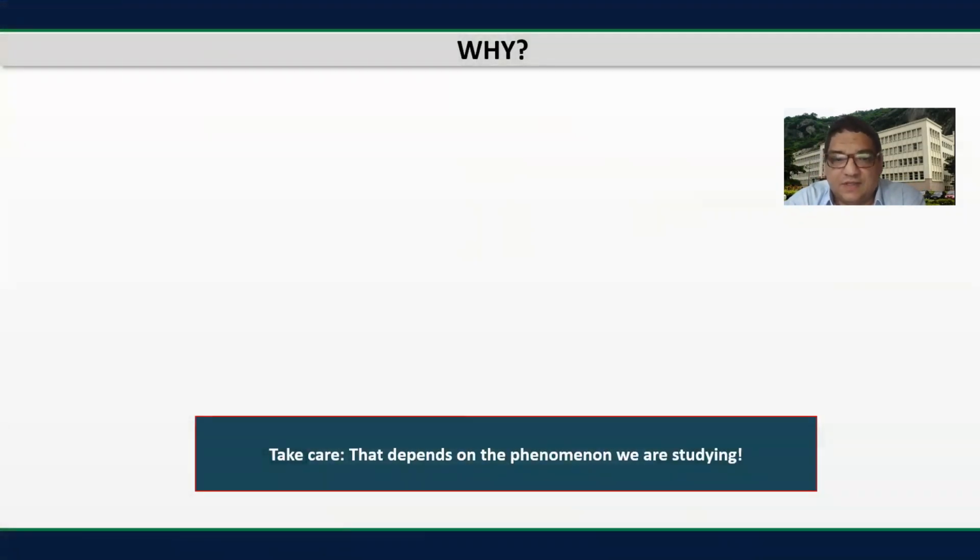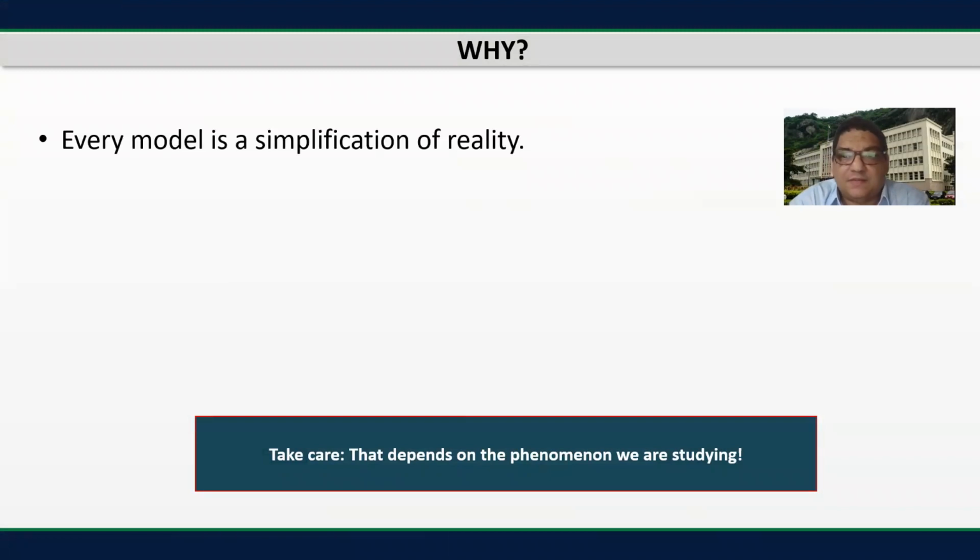So let's go. Why? First, every model is a simplification of reality, because reality is too complex. So I need to decide about something, but I have so many things that I need to analyze to be able to decide.